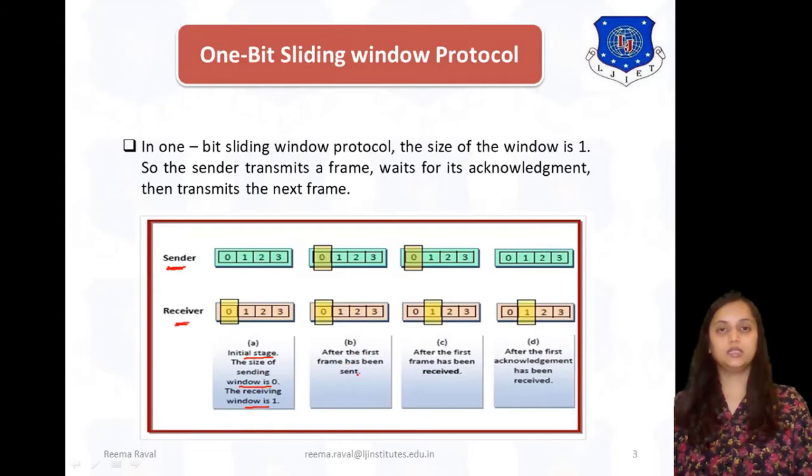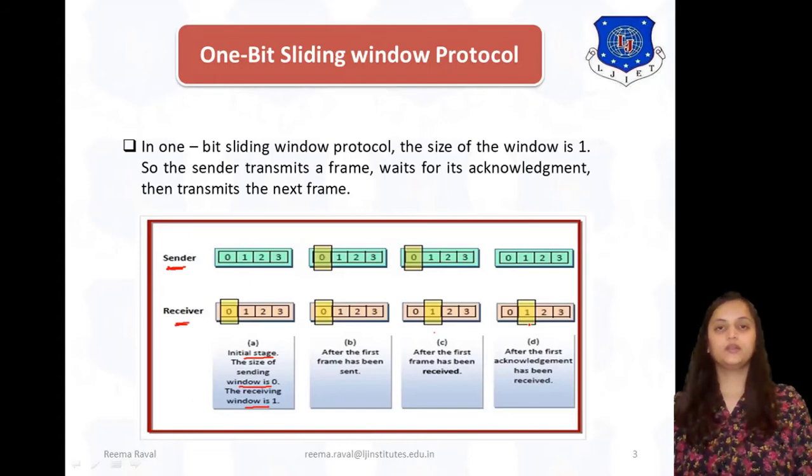In the next stage, the first frame has been sent, so the window is indicated over here and the same at the receiver side. In the next stage, when the first frame has been received, the window will move to the right side. And this is when the first acknowledgement has been received. So this indicates the sliding window with size 1.